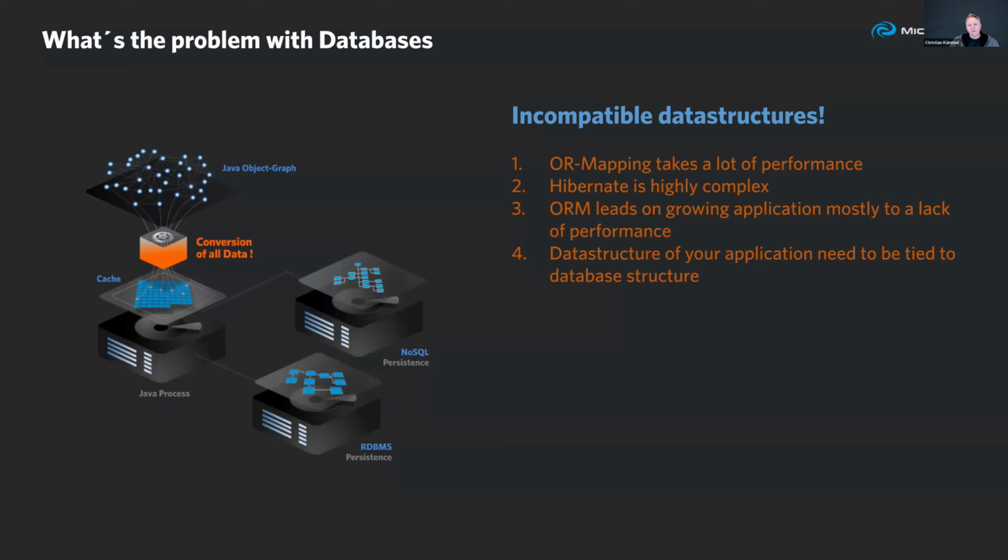OR mapping, especially within a growing application, mostly leads to a lack of performance. That's my experience. And the data structure of your project is always tied to the database structure. You have to have a structure that fits your database instead of fitting your needs.